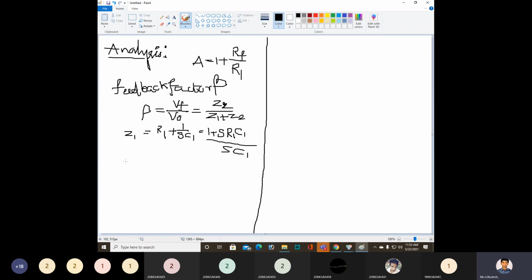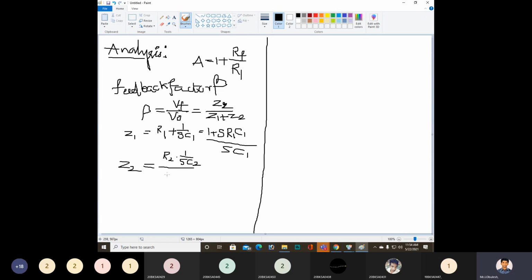What about Z2? Z2 is R2 and C2, both in parallel to each other. Then what will you get? R2 into 1 by SC2 by R2 plus 1 by SC2.